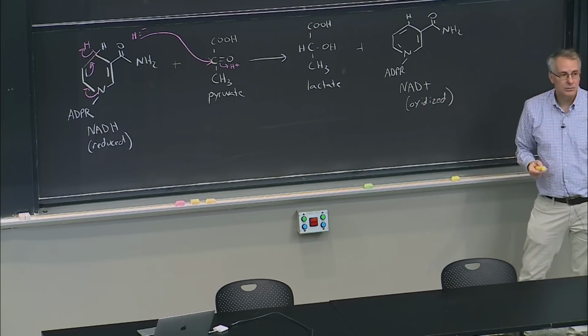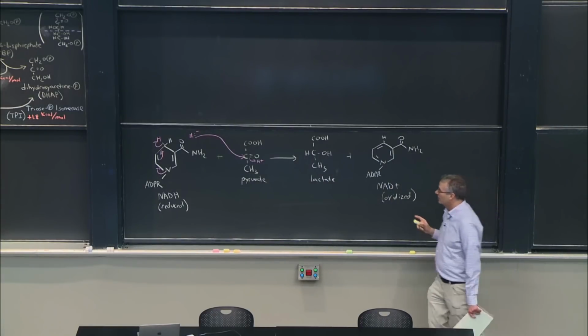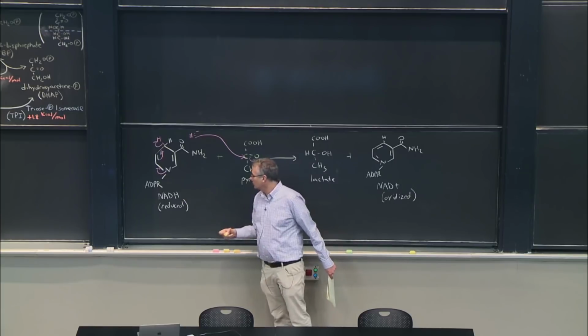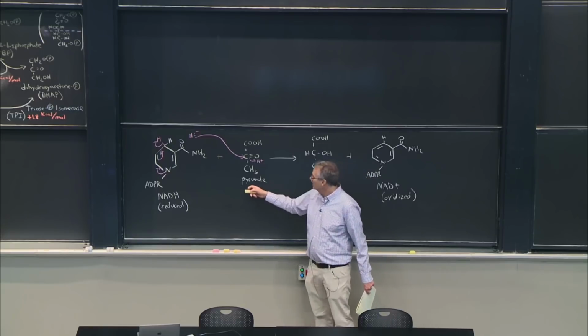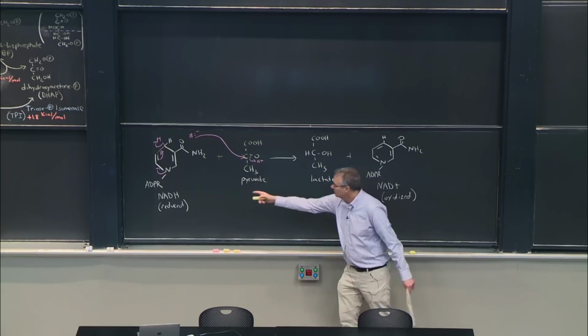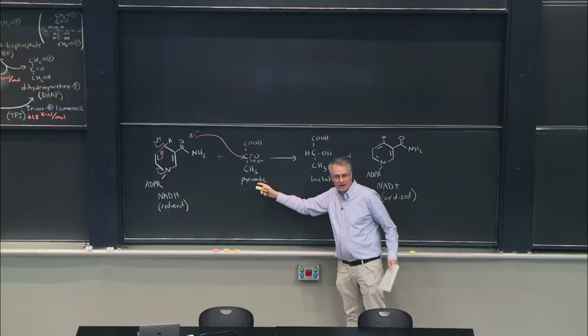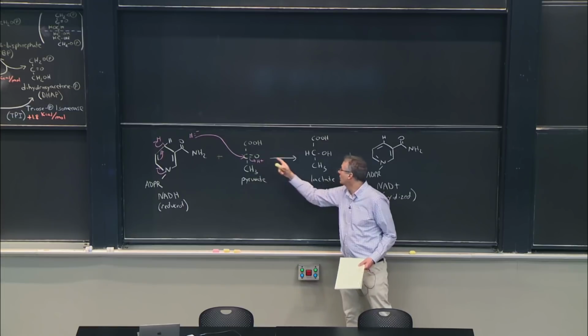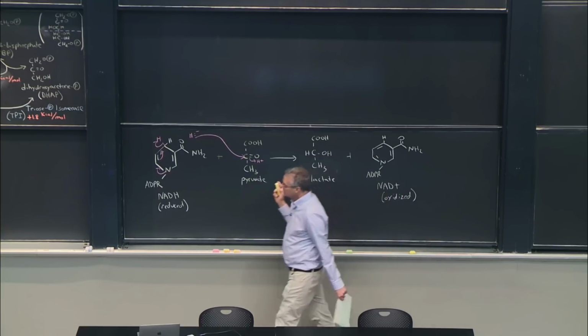And now this NAD+ can be reduced back to NADH at the GAPDH step, and the electrons from NADH, as it's being reoxidized to NAD, can go and take pyruvate and reduce it to lactate. So NADH gets reoxidized to NAD, pyruvate now gets, the ketone gets reduced to the alcohol as you go from pyruvate to lactate.